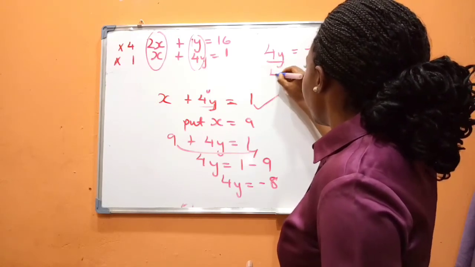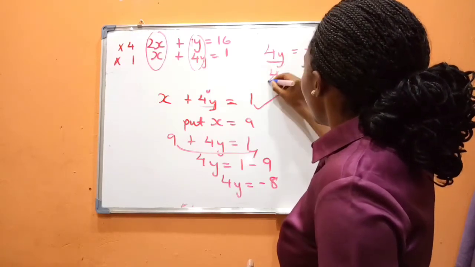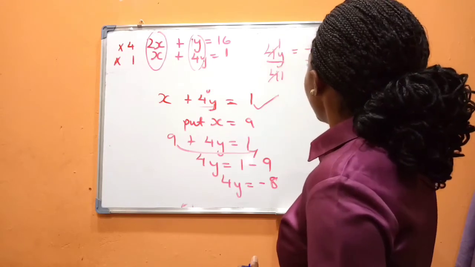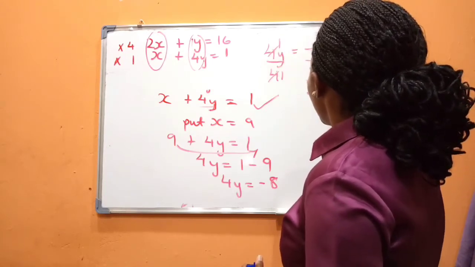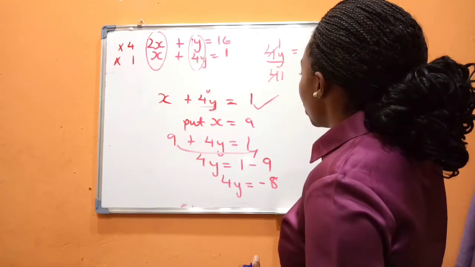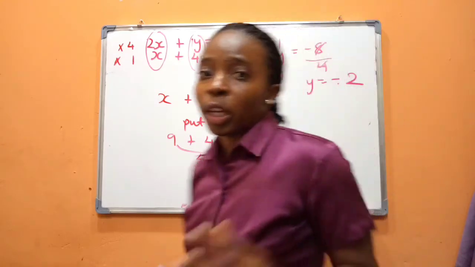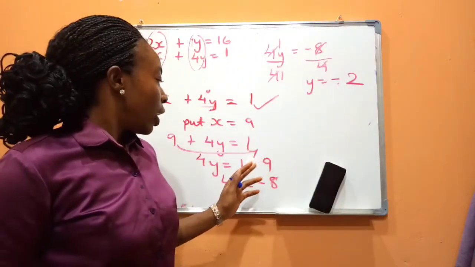Dividing both sides by 4, 4 goes here 1, 4 goes here 1. Minus 8 divided by 4, you're going to have minus 2. So this is it. We are able to get the value of x and y.